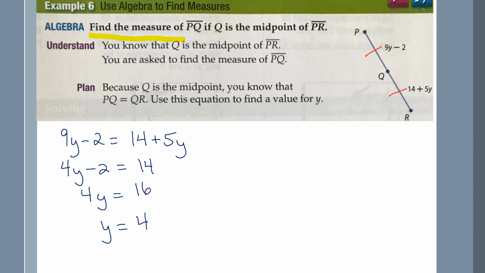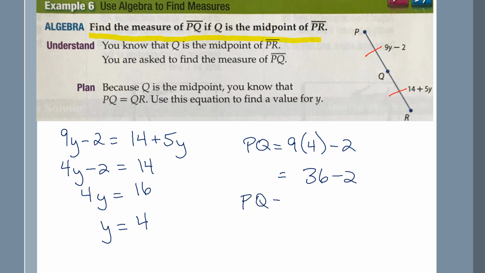So we go back over here and plug in 4. We're looking for PQ, so PQ would be equal to 9 times 4 minus 2. So that's 36 minus 2, so PQ is equal to 34. And that's your final answer.